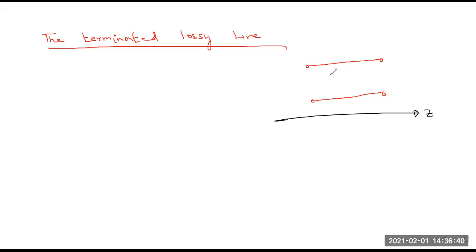So now I will represent this transmission line by representing its characteristic impedance Z0. I'm also going to represent that it is having alpha as well as beta. So whenever you draw a symbol for a transmission line like this by representing alpha as well, this directly means that you are talking about a lossy line.